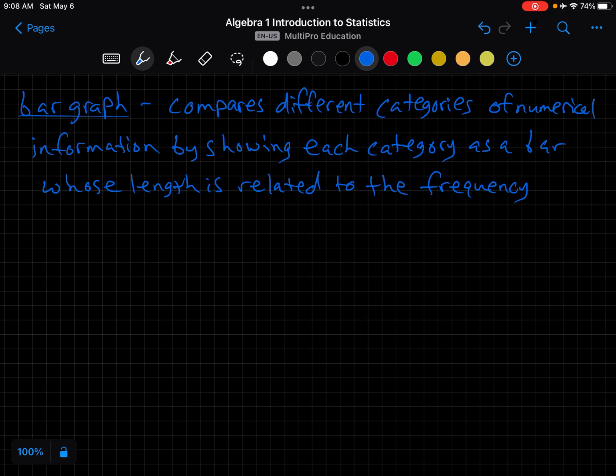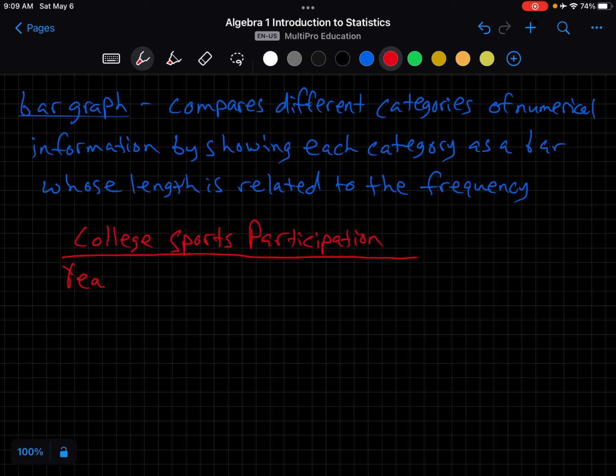All right, so let's look at some data. We have some college sports data of participation in the sports. We're going to be looking at the year, and we're going to be looking at men and women's sports.